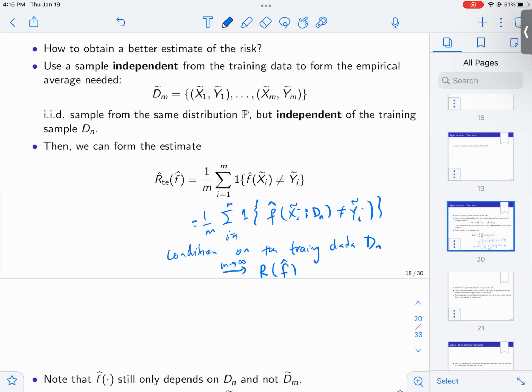The independence allows me to treat this as a fixed rule relative to the test data set. And as the size of the test data set goes to infinity, the law of large numbers kicks in and allows me to conclude that this is true.